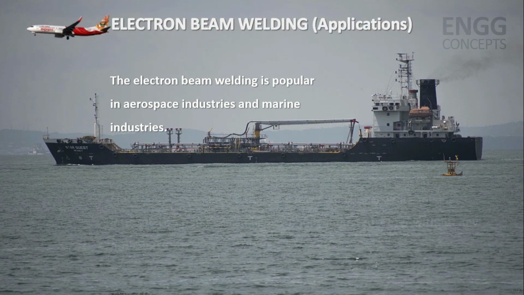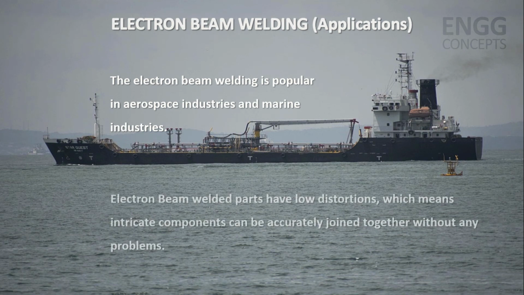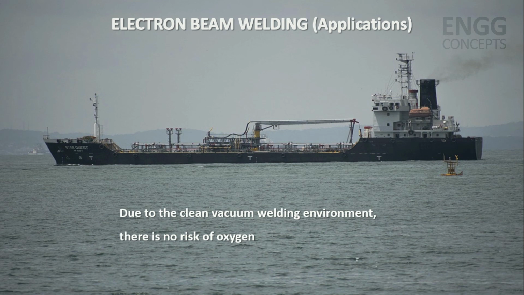Electron beam welded parts have low distortions, which means intricate components can be accurately joined together without any problems. Due to the clean vacuum welding environment, there is no risk of oxygen pickup and consequent weld embrittlement when electron beam welding titanium alloys. Which means the parts won't fail because of oxidation, which is crucial in aerospace and marine industries.